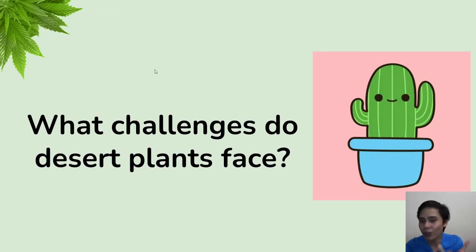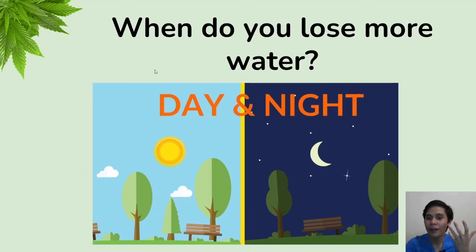Next, if we go to the deserts, your cacti and other desert plants face the challenge of water. Water is in extreme scarcity in your desert, so they need to conserve water. So they have a special photosynthetic pathway where it varies by day and night. You lose more water, usually, of course, during the day in the desert because it's hotter.